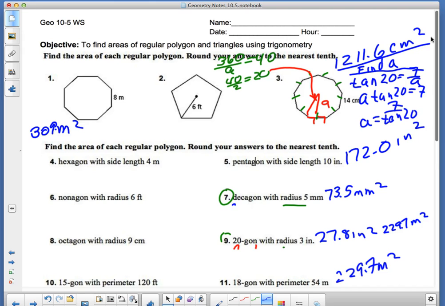So now area is equal to 1/2 ANS. 1/2 of A, which is 7 over tangent of 20, N, my number of sides, 9, and S, my side length, 14. And I'm golden. I'm off to the races, plopping that in my calculator.